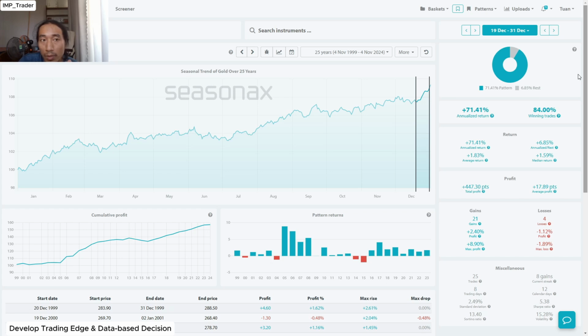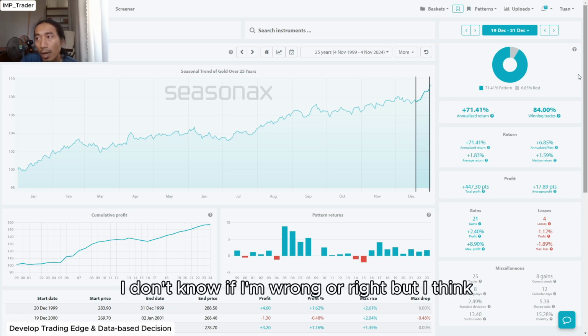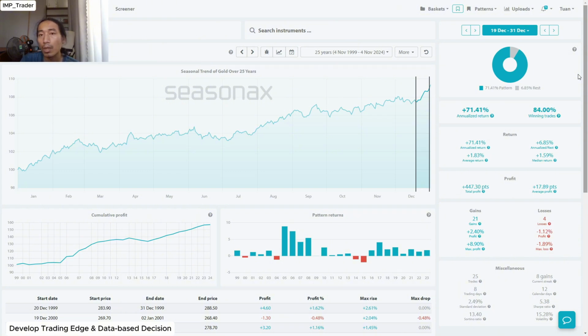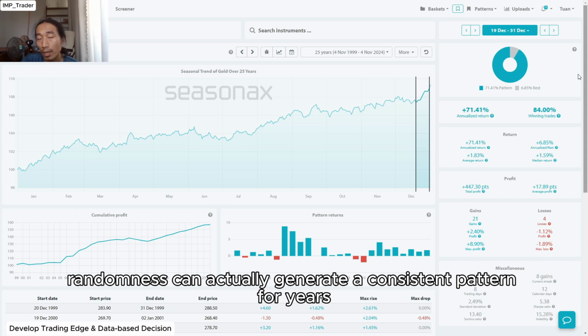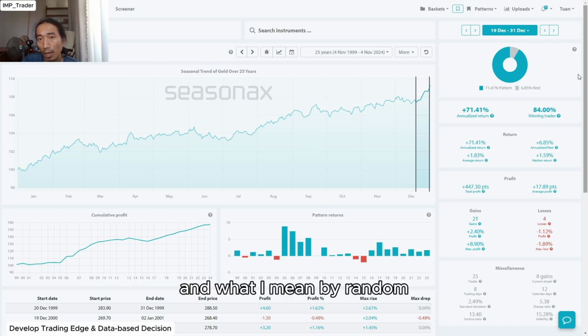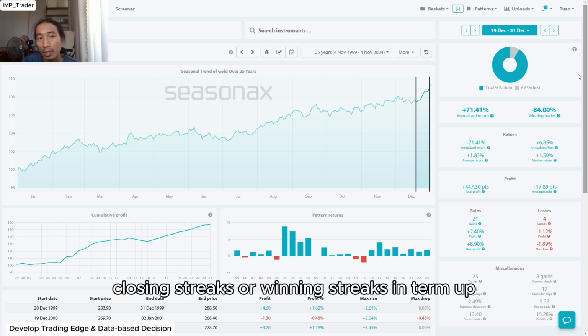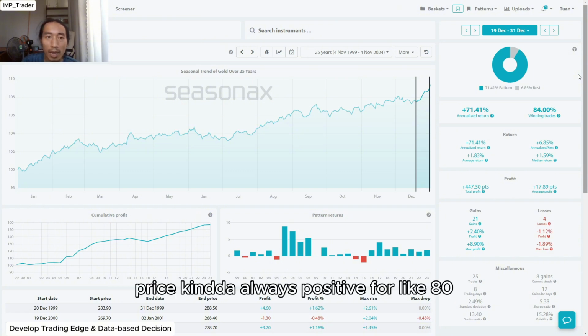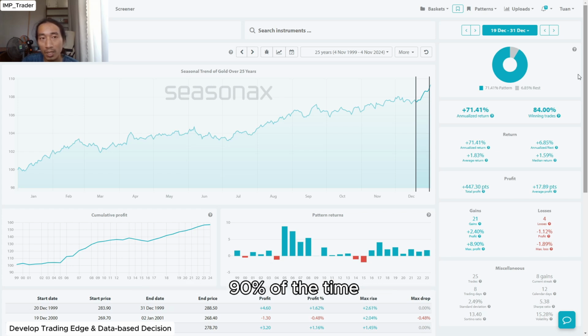One important tip about seasonality, and I don't know if I'm wrong or right, is that I think randomness can actually generate a consistent pattern for years. By random pattern, I mean it usually has really good closing streaks, where price is positive for like 80-90% of the time.